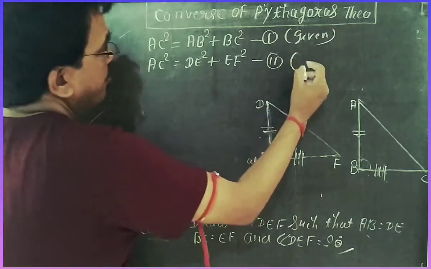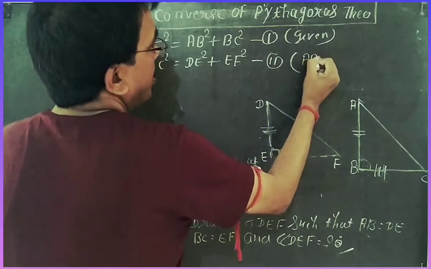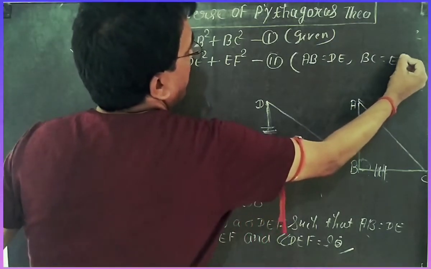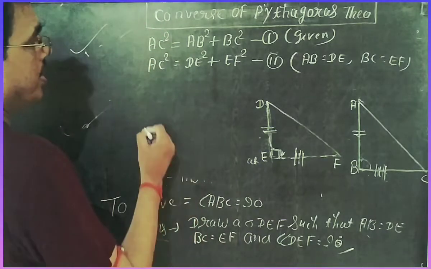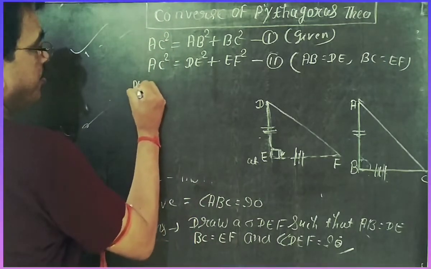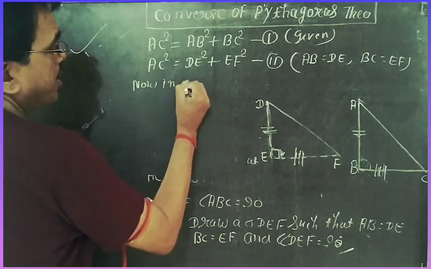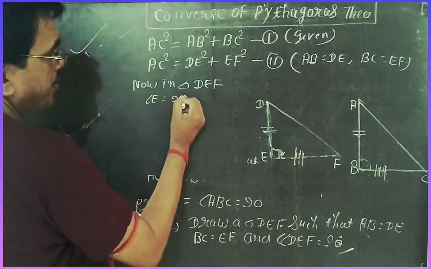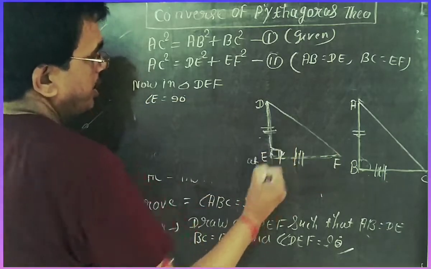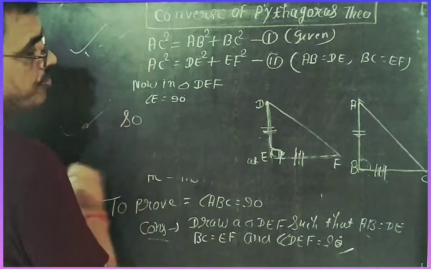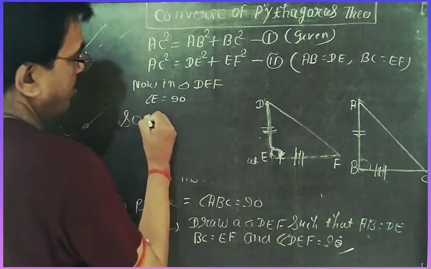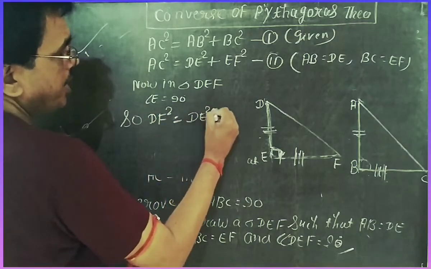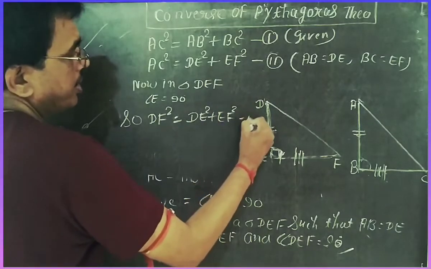It is equation second because AB is equal to DE and BC is equal to EF. Now in triangle DEF, angle E is 90 degree. So if it is 90, then by Pythagoras theorem, DF square is equal to what? It is DE square plus EF square. That is equation third.